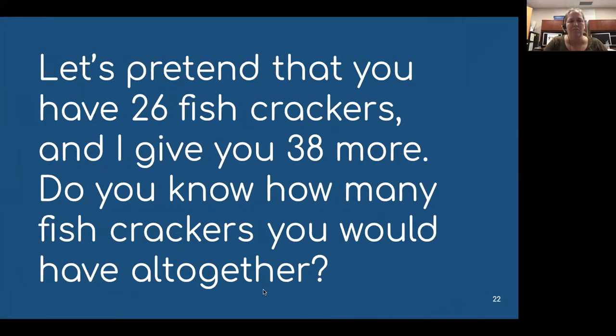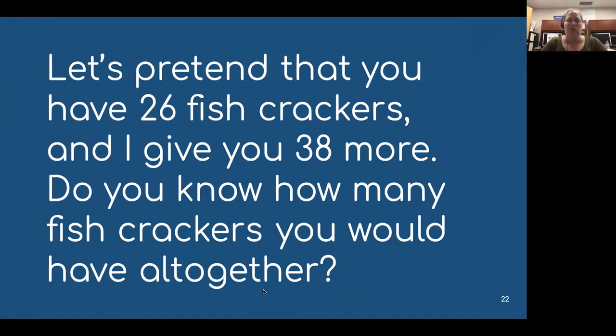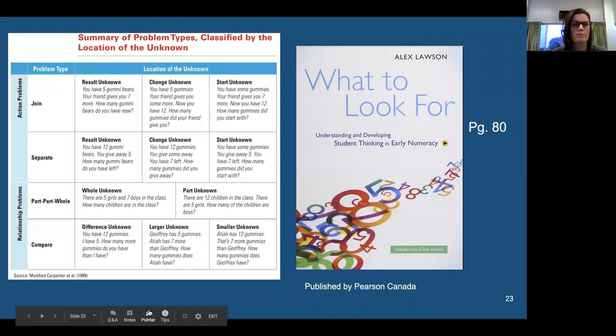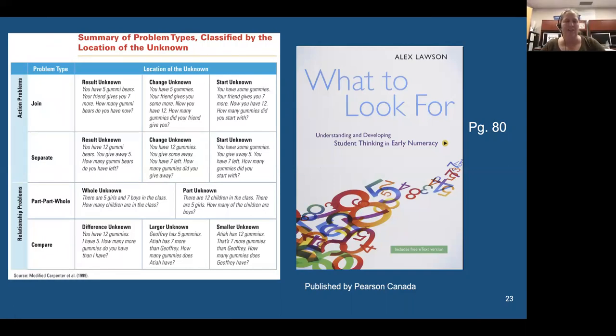So this problem type was called a join result unknown. That's definitely the most common type of question that I use and that I come across for sure. Yeah, it's our go-to for addition for sure.